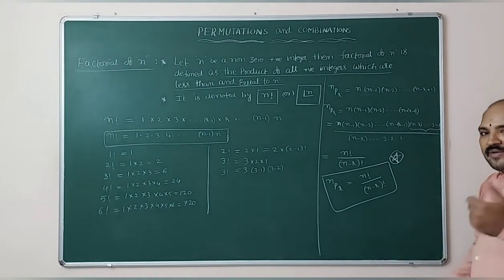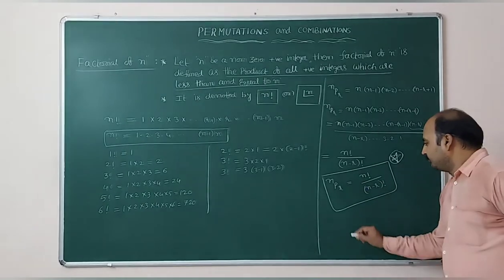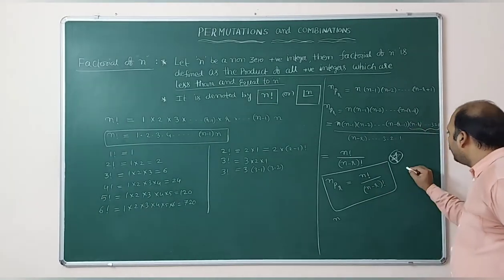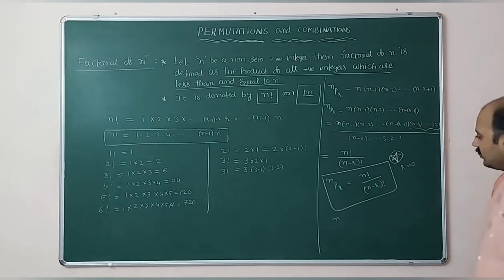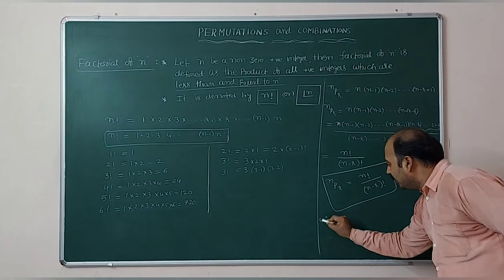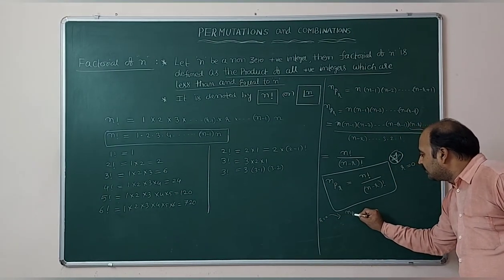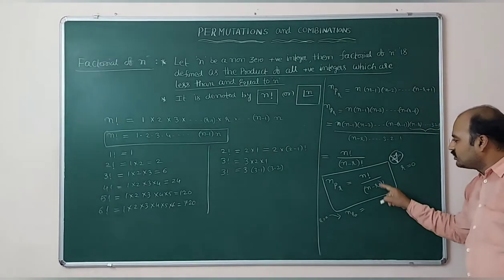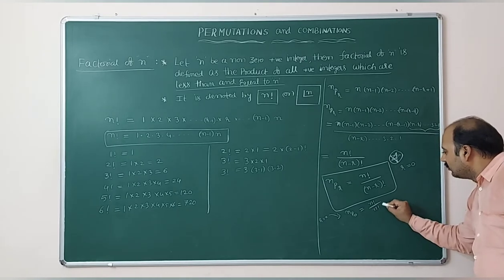Now come to one by one. We will verify this. The r value I am taking as 0 first. If r is equal to 0, then it becomes nP0. r equal to 0 means n factorial by n factorial, that is equal to 1.